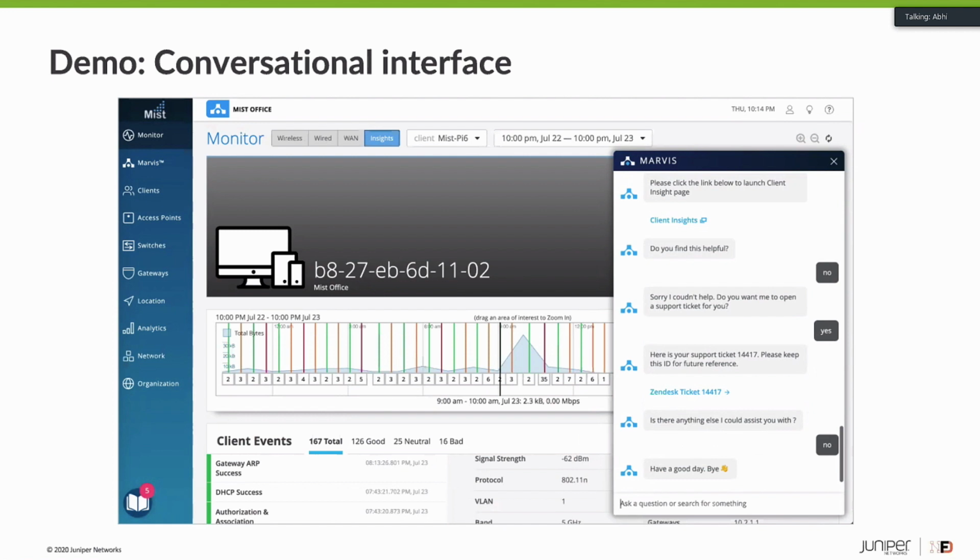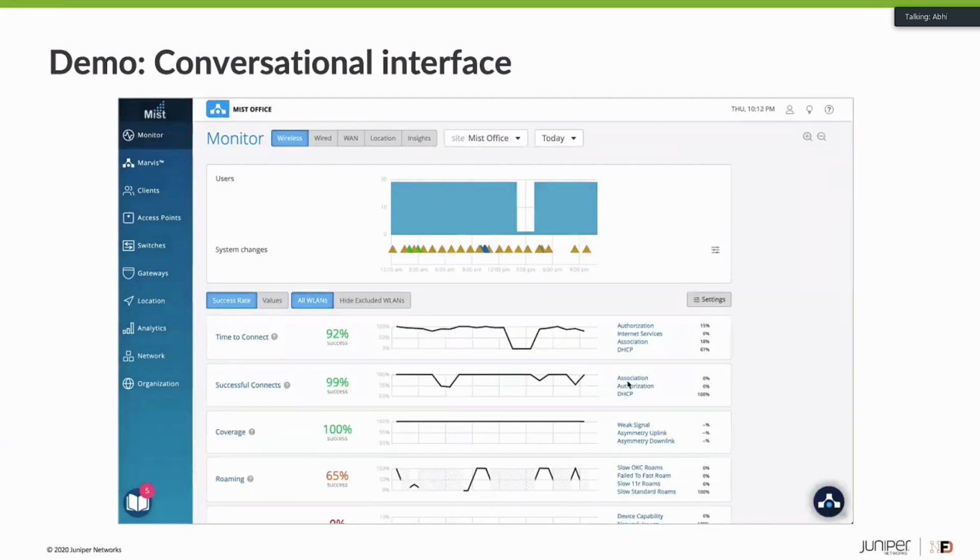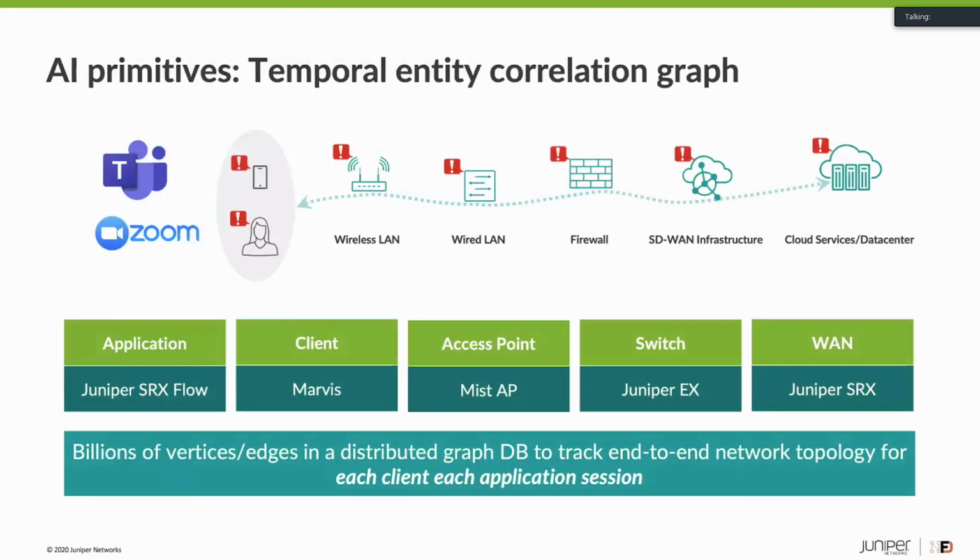As a support team we'll have the information already, and we'll come directly to exactly the point where the problem is without having to answer trivial questions. And that is the power of the conversational interface.